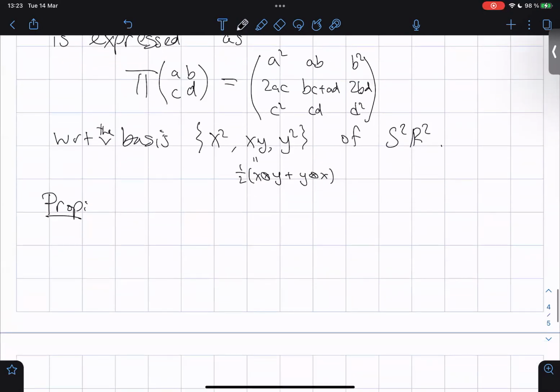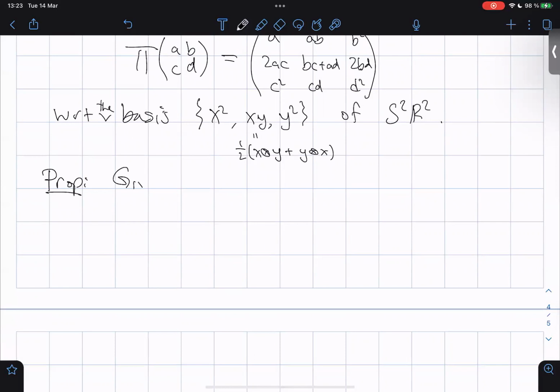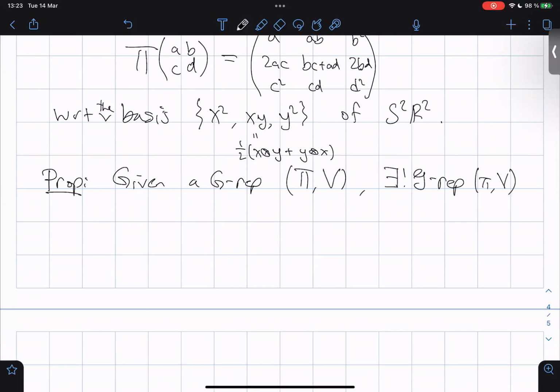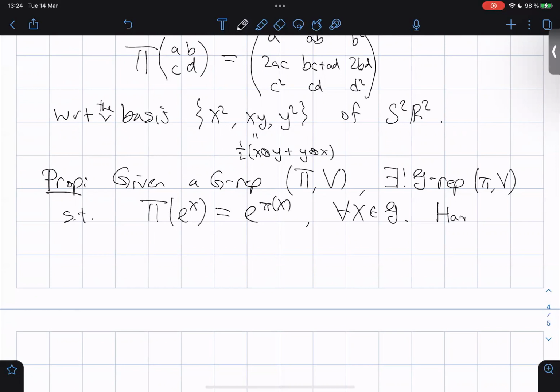Given a G representation, capital pi on V, you can always get from it a Lie algebra representation. This comes from how it acts on exponentials: pi of the exponential of x is e to the pi of x, for all x in the Lie algebra g.